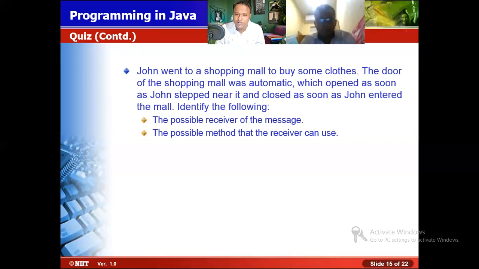There is a door with a sensor, so the door is analyzing. When you come near it, the door, having a sensor, is listening. Then what are the methods the receiver can use? Method means the work: the door opens and the door closes after entering. So this is called the possible receiver of the message.